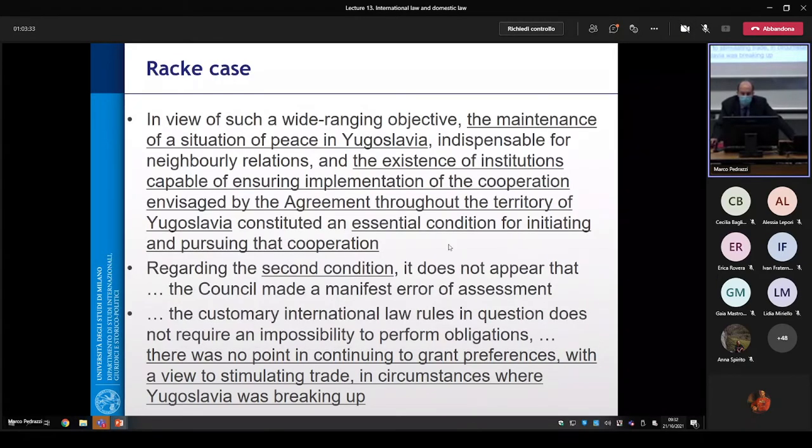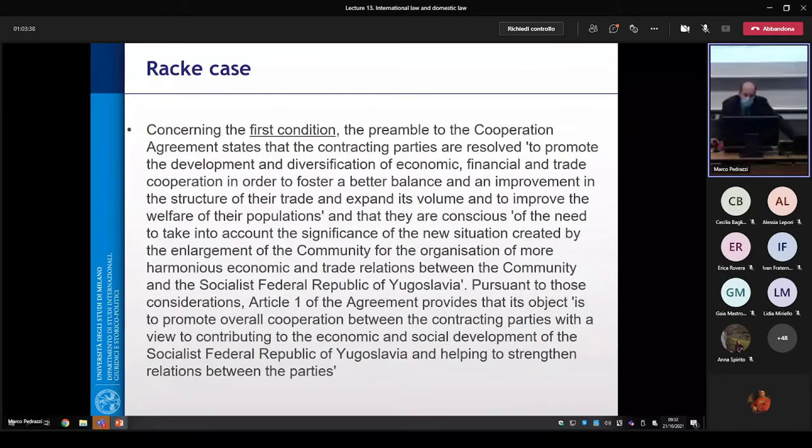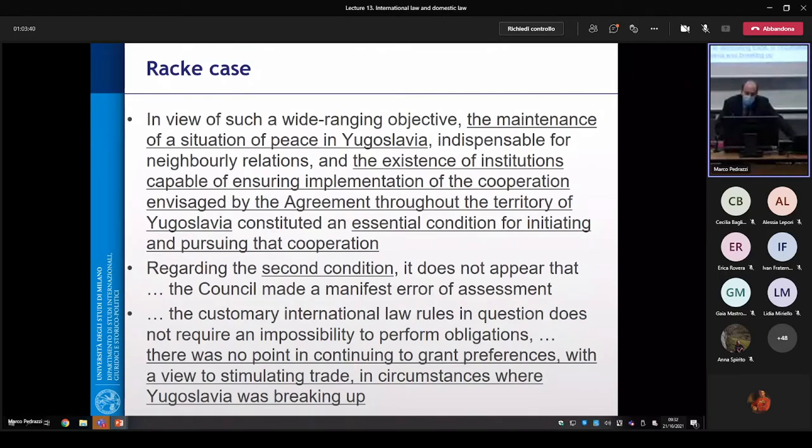Okay, so this was probably a large interpretation by the Court of Justice of the European Communities.